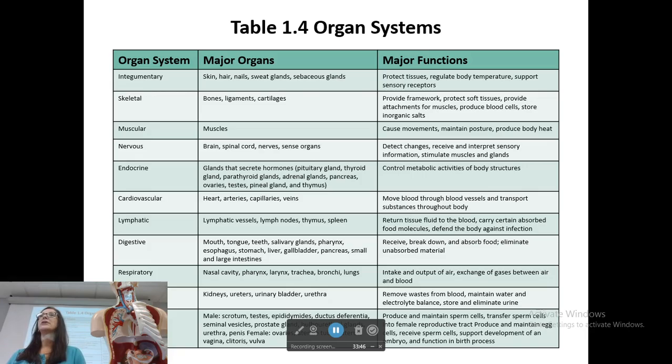Find a skeletal muscle. Okay, find a bone. Where would the visceral pericardium be?